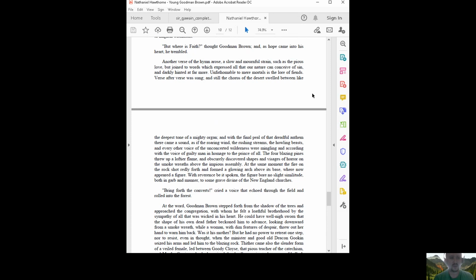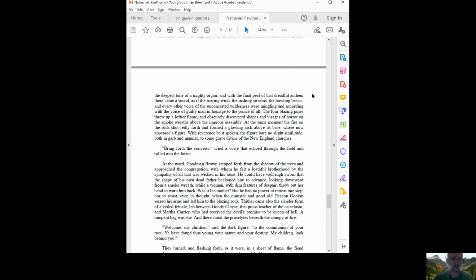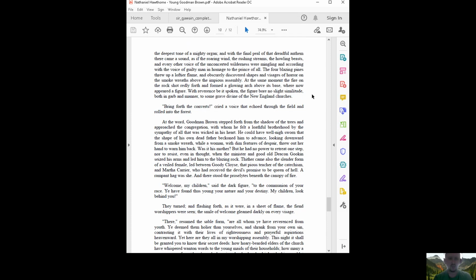And as hope came into his heart, he trembled. Another verse of the hymn rose, slow and mournful strain, such as the pious love, but joined to words which expressed all that our nature can conceive of sin, and darkly hinted at far more. Unfathomable to mere mortals is the lore of fiends. Verse after verse was sung, and still the chorus of the desert swelled between them, like the deepest tone of a mighty organ. And with the final peal of that dreadful anthem, there came a sound as if roaring wind, the rushing streams, the howling beasts, and every other voice of the unconcerted wilderness were mingled and accorded with the voice of guilty man in homage to the Prince of all.